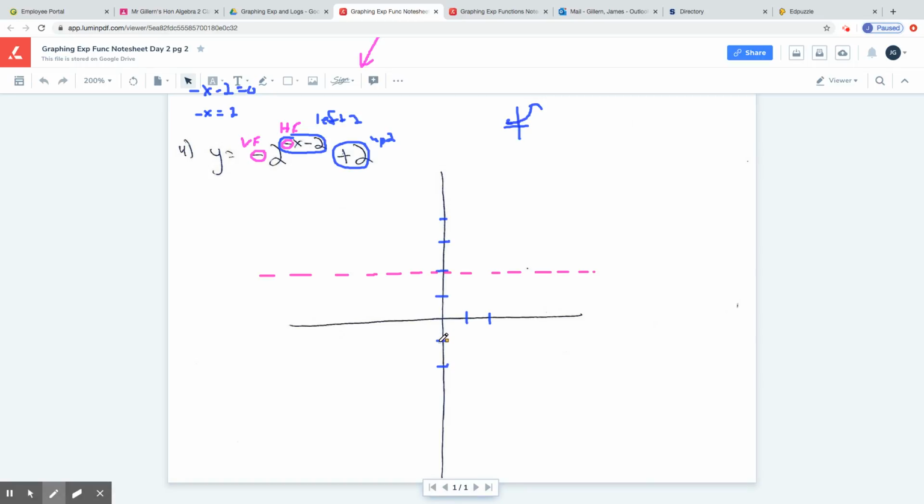I then can move to the left 2, which I should put here. So I'm at 0, -1, move to the left 2. So I'm at -2, -1. And then I got to move up 2. So I'm at -2, comma 1.